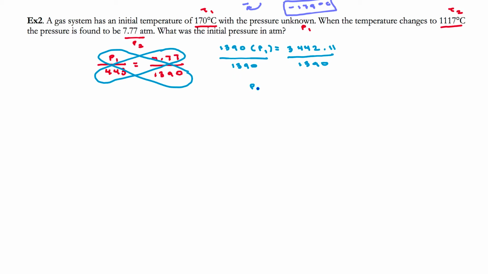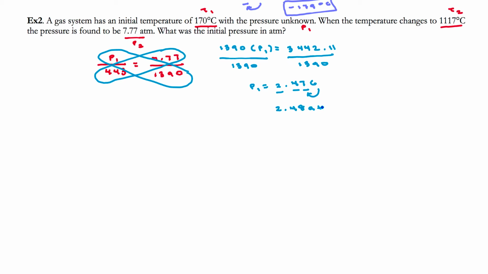And my P1 that I get, unrounded, is 2.476. Okay. Sig fig wise, remember I'm not going to use 170 to determine sig figs. I'm going to use the 443, that temperature in Kelvin. So I have 3 sig figs here, 3 sig figs here, 3 sig figs here. So I need 3 sig figs. So this is going to round to 2.48 atmospheres.